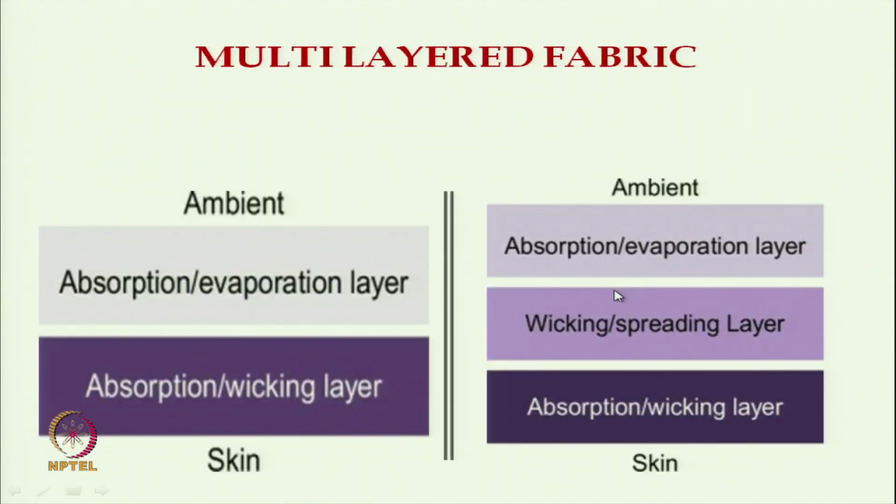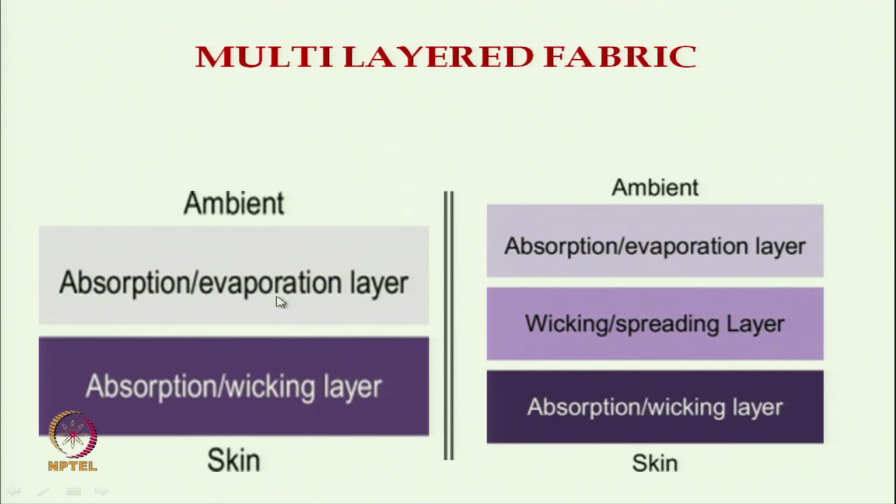Now, coming to the fabric structure, innovative fabric structures have different layers proposed. This type of layering has an absorption and wicking layer. We should have one layer which will be absorbing and wicking, then an absorption and evaporation layer.